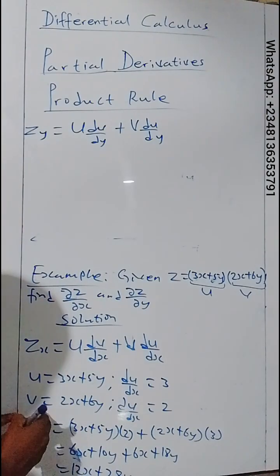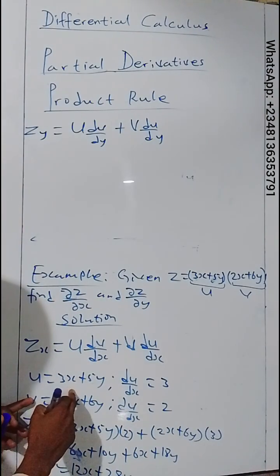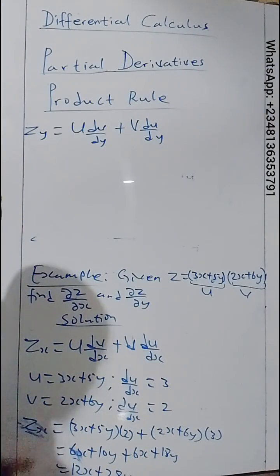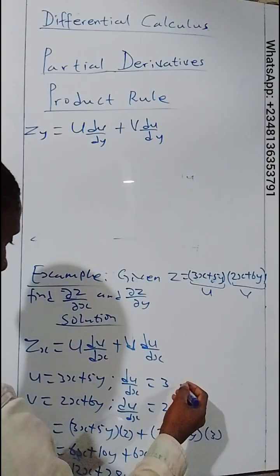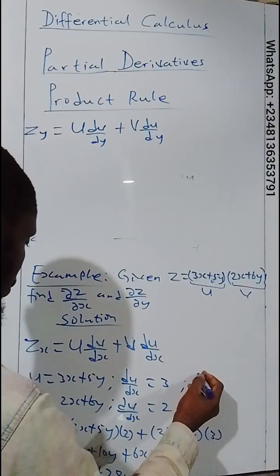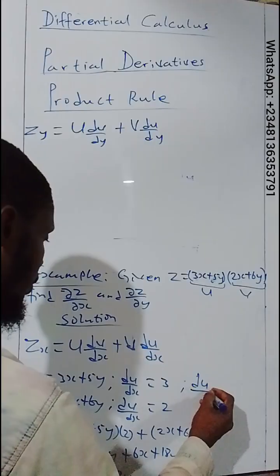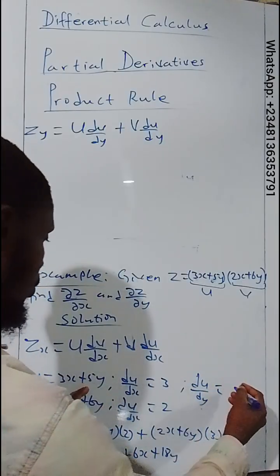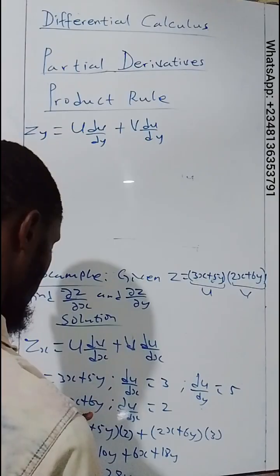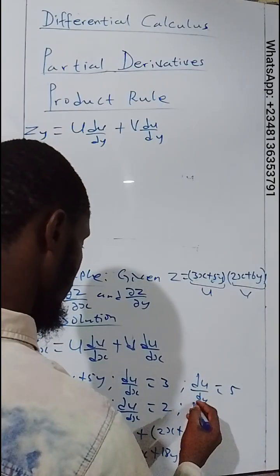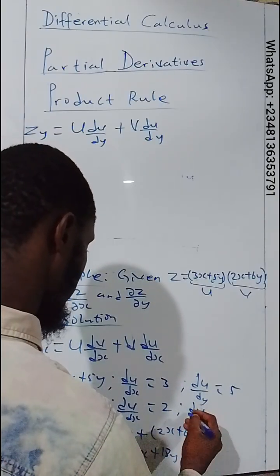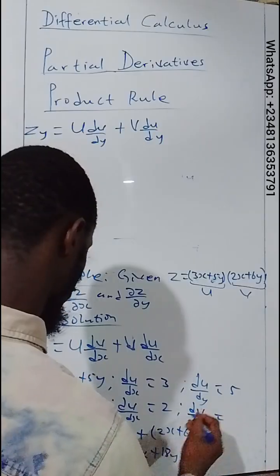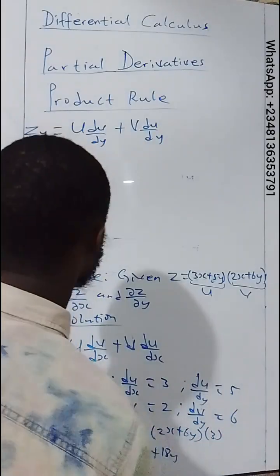We already know our u is 3x plus 5y. Here du/dy is equal to 5, and likewise dv/dy is equal to 6.